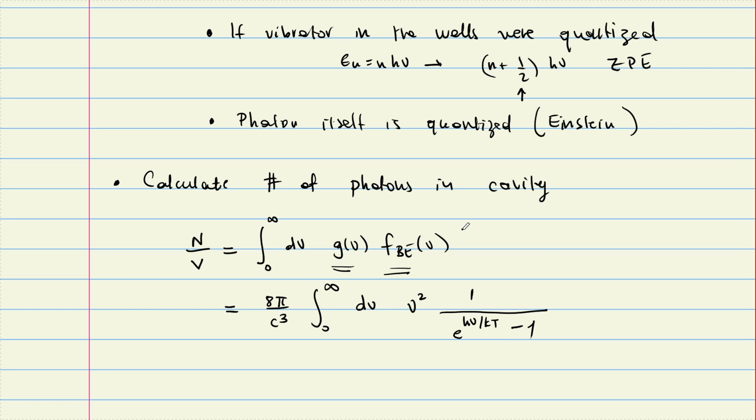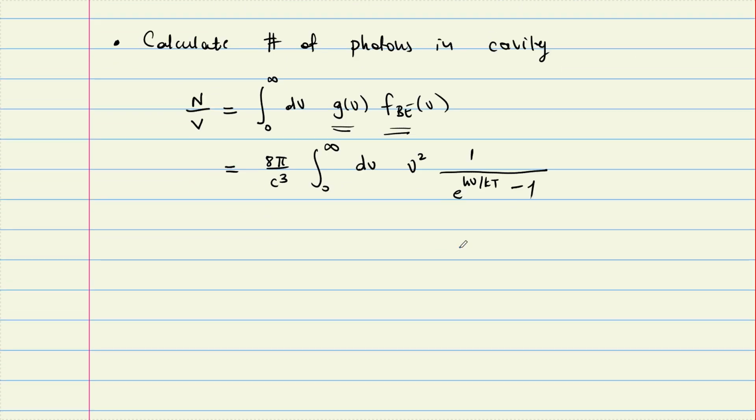And I do exactly the same way to put this integral in dimensionless form. So there's h nu over kT. I'm going to put h over kT here and h over kT here, and I'm going to have kT over h cubed. Is that right? Yes.